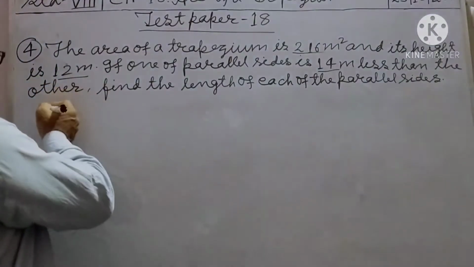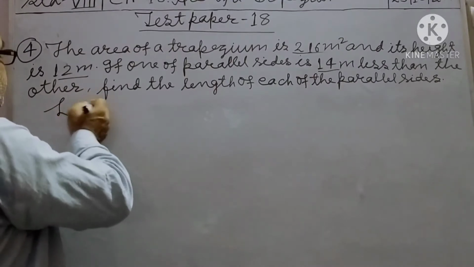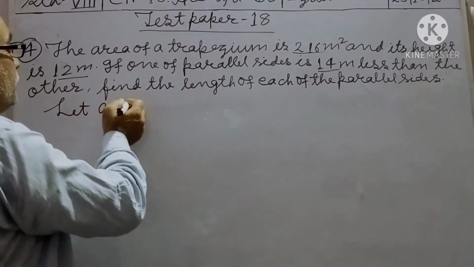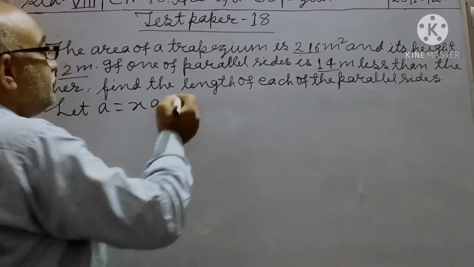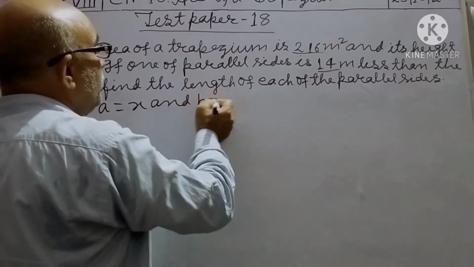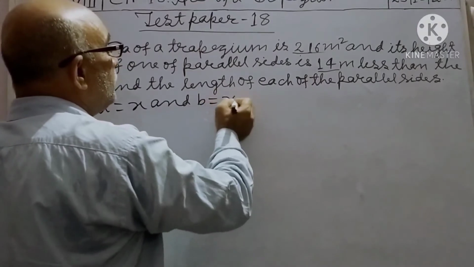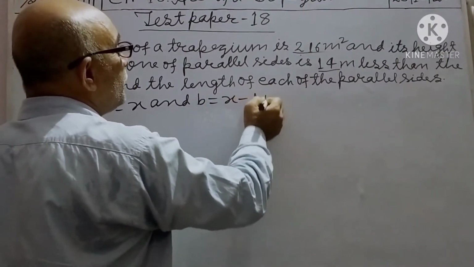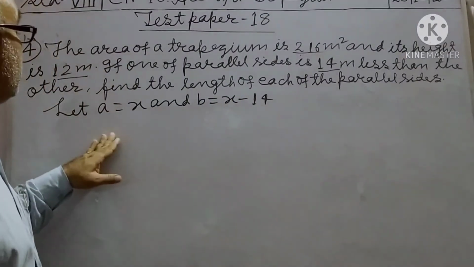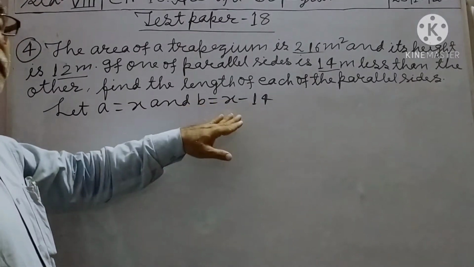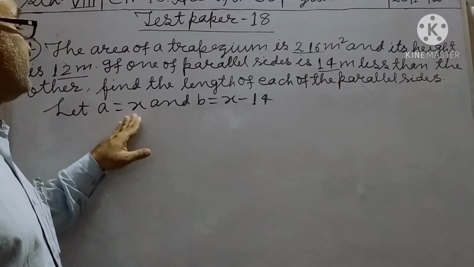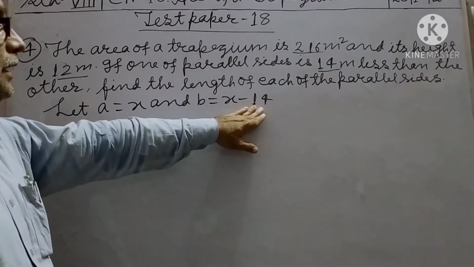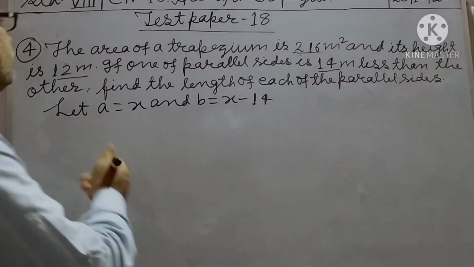So let a equal to x and side b equal to x minus 14. One side is 14 meter less than the other. So one side A is x and B is x minus 14.